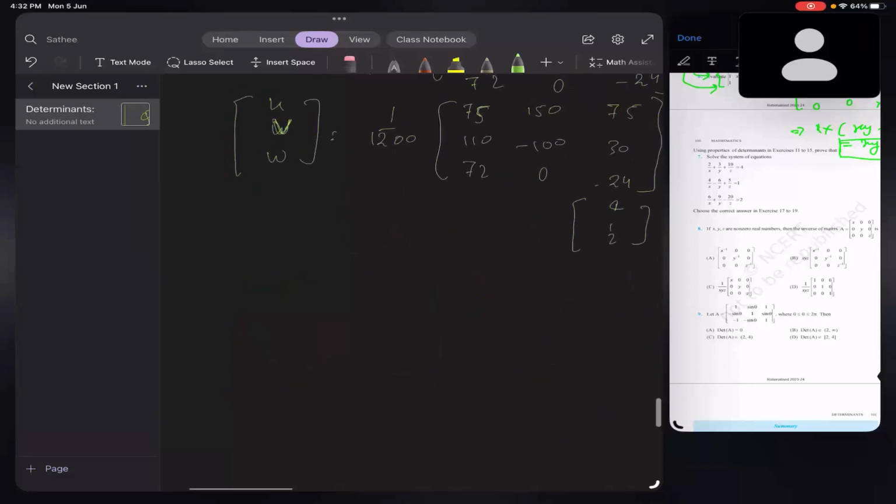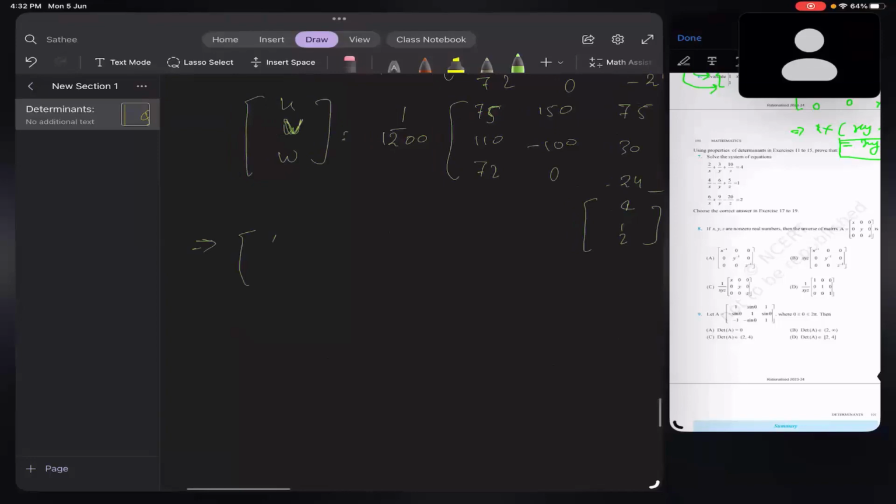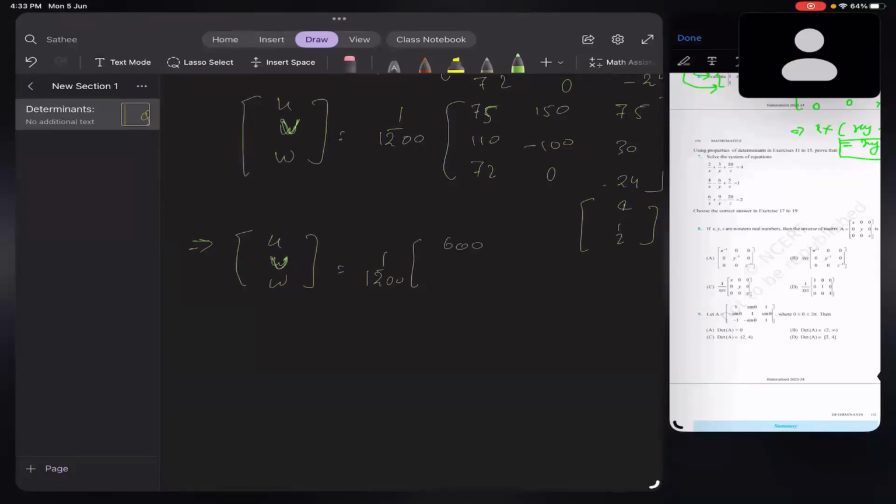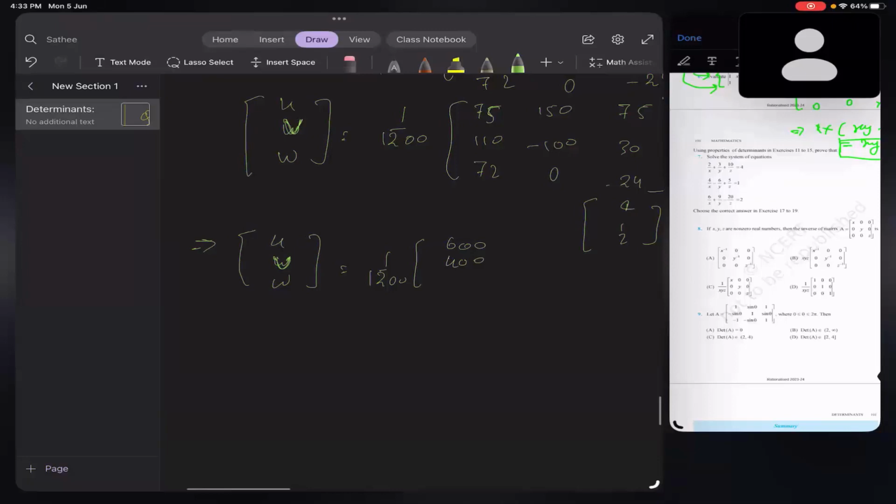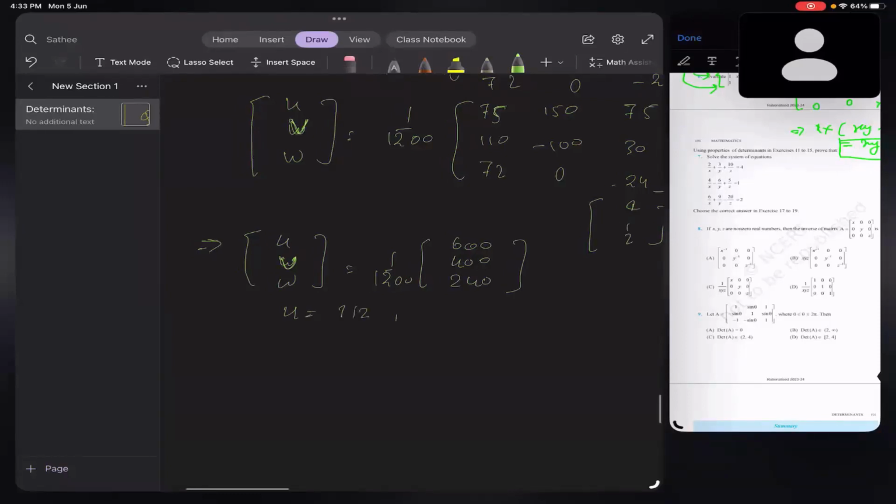So from here we can say that u, v, and w are 1 by 1200, and if you multiply these two, this becomes 74. 5 into 4 is 300 plus 150 plus 150 is 600. So this is 600, and this is 400, and this is 240. So from here we get u equal to 1 by 2, v equal to 1 by 3, and w equal to 1 by 5.